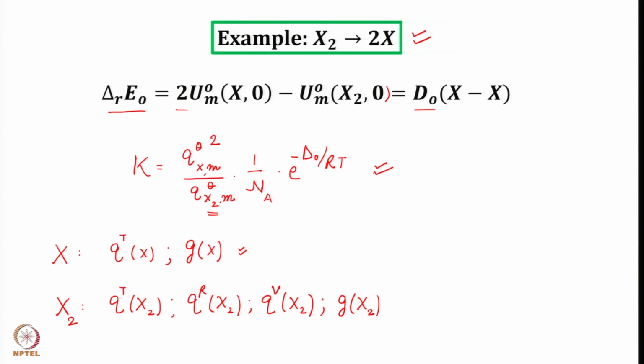I repeat, in the expression for K, you notice that the numerator is Qx square, where X is an atom. An atom can have translational degree of freedom and you also require knowledge of the degeneracy of the ground state. Why degeneracy of the ground state? Because electronic states are assumed to be, or are, far separated, so therefore their contribution is usually coming from the ground state term.